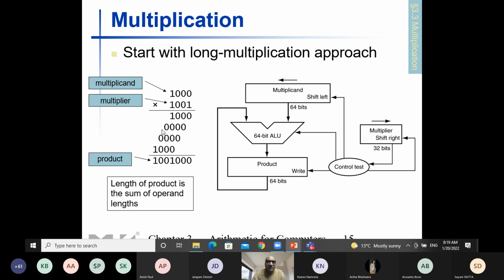Like you can see that here the product can be shifted so that you have 0100, and that will be added for the next multiplier bit, that will be 0. And likewise, even though you are adding the multiplicand all the time, you are adding only those 4 bits of the multiplicand.